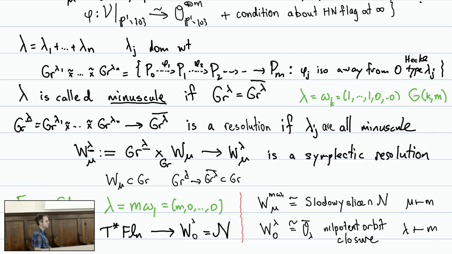Yeah? Could you say how the map of the resolution is defined? Yeah, so in this version of the story, it's just a map which remembers just p_m and the composition of all the phi's. So this thing maps to Gr lambda bar.